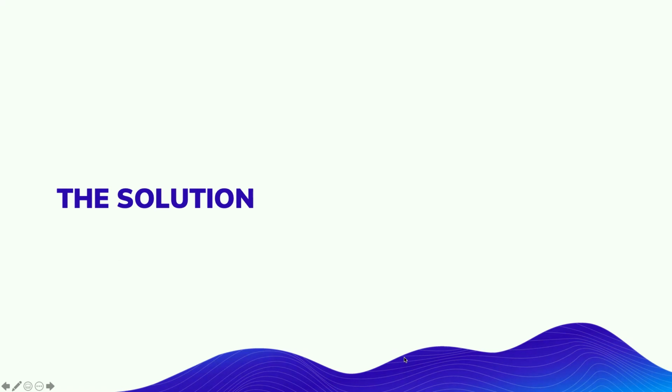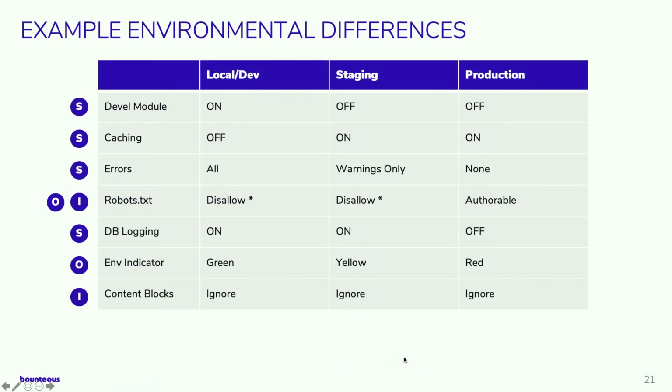So now let's walk through all that. Taking that spreadsheet that we looked at early on, I've put down here on the left side which part of the module would apply to each of these rows here. So to have the Devel module turned on in one environment but not in others, we would use a split. That would be a complete split.